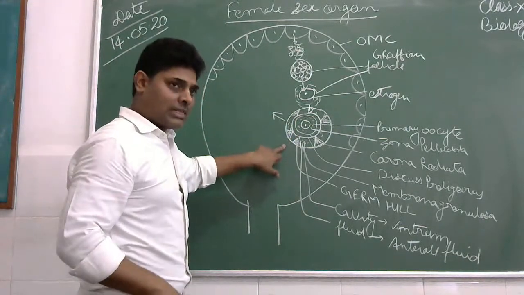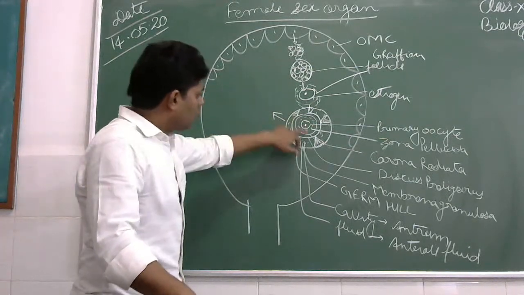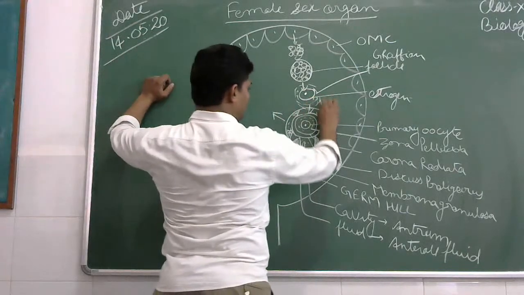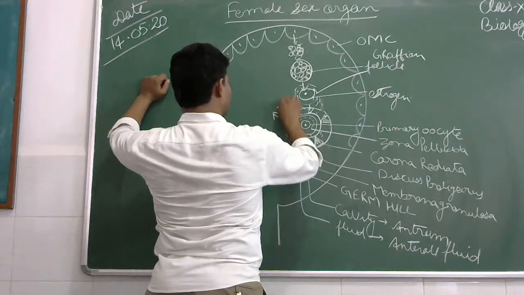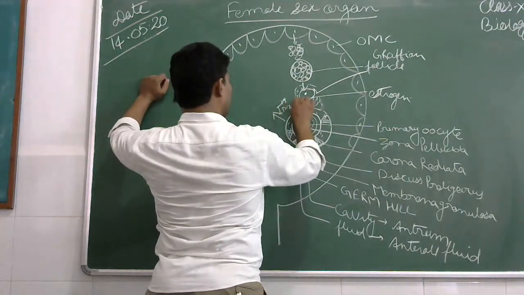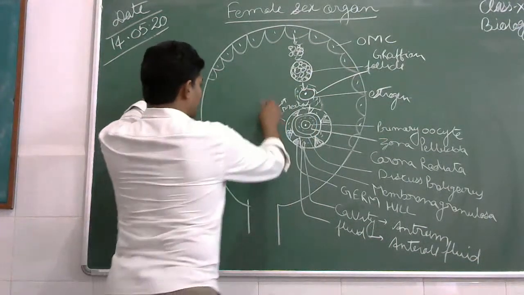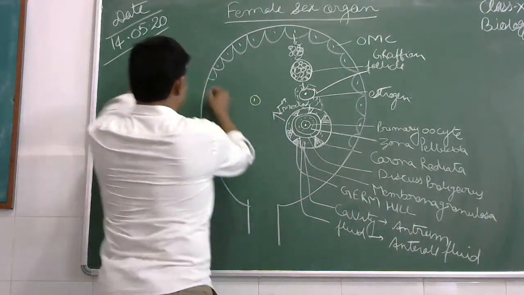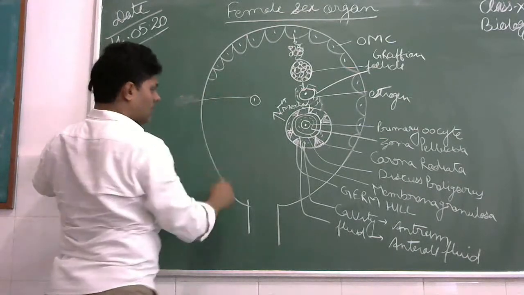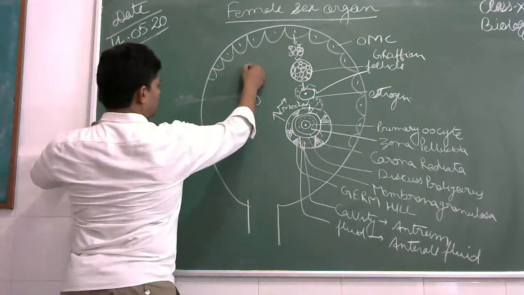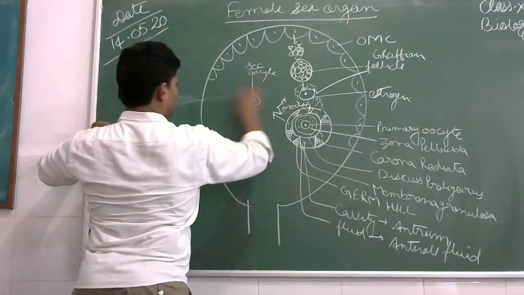You remember this sequence? I will not write it again and again, I will just tell you in details. So when this is the first meiotic division, as I wrote in the oogenesis, this is the secondary oocyte.